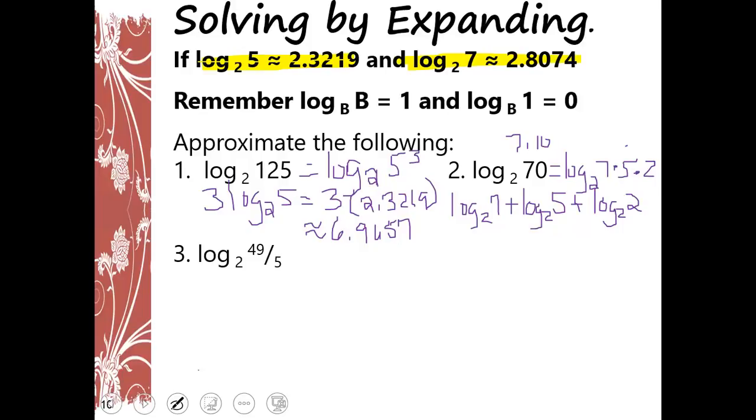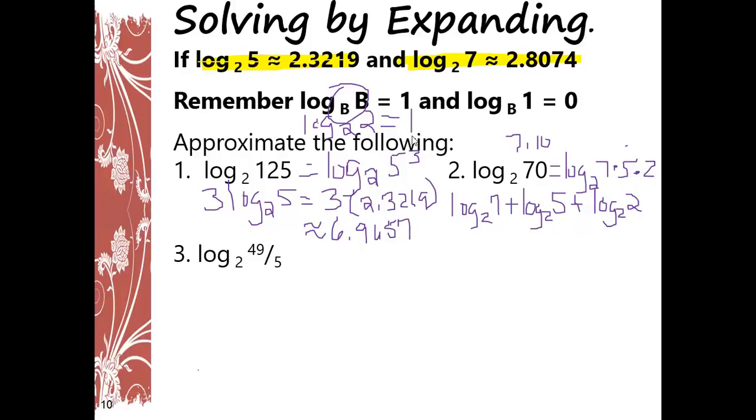Now notice that I have a reminder up here that log base b of a matching number b is equal to 1. As long as these two match, then it equals 1. So that means log base 2 of the number 2 has to equal 1.